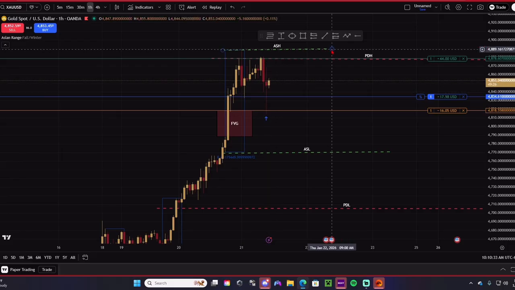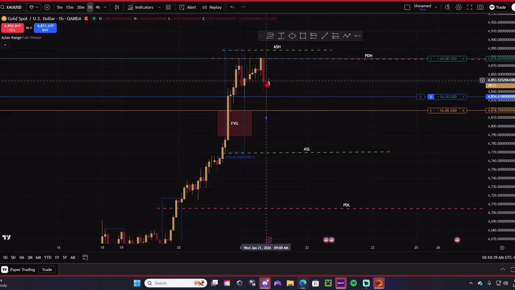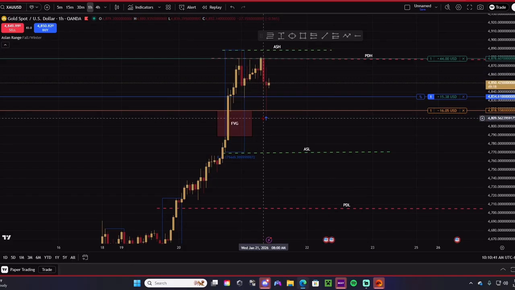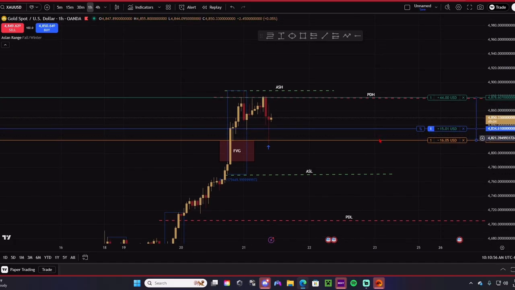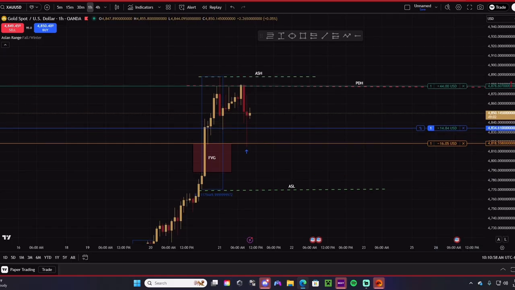And with these fair value gaps, what I look for is a false break of the fair value gap. They tend to get traded into and then they reject the other way. And that's why I mentioned the trend earlier. If it's aligning with the trend, on top of that, the timing, it's an A+ setup.